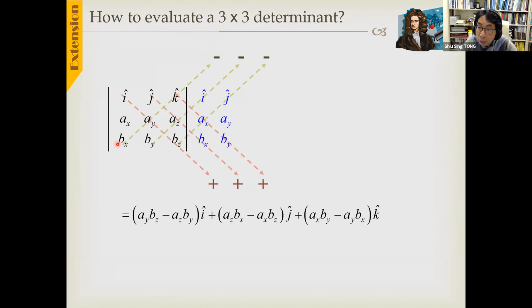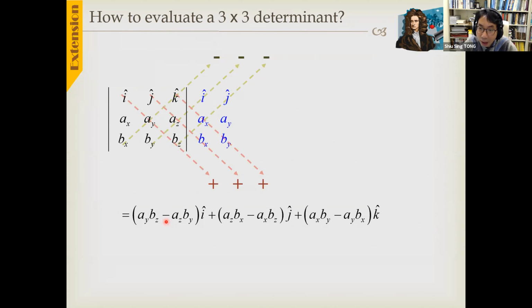And I draw an upward diagonal. And whenever I draw an upward diagonal, I assign it with a negative sign. So for the I component here, I have AZ BY. But since it goes up, I add a negative sign.